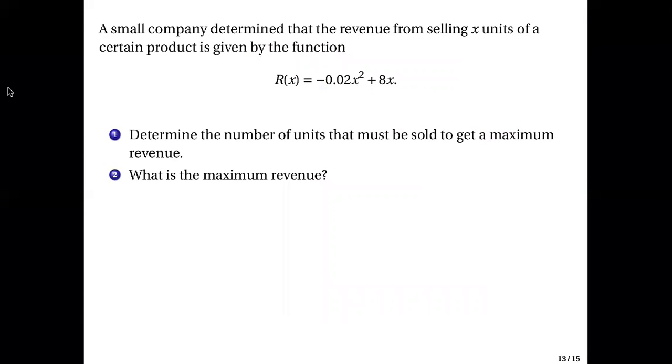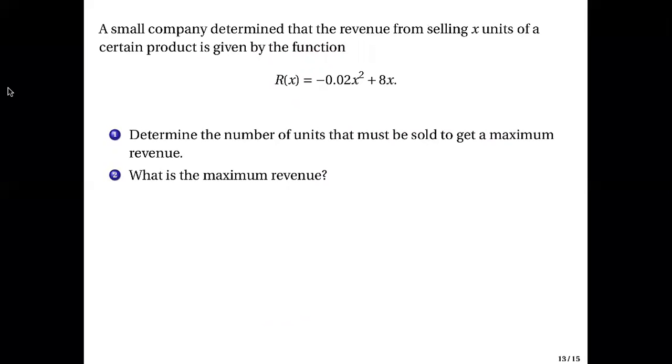So look at this. You have a quadratic function in here. The coefficient of x squared is a negative number. So the graph of this quadratic function is a parabola which opens downwards. And if the parabola opens downwards, it has a maximum point.